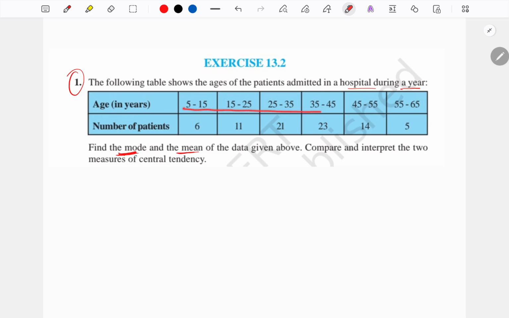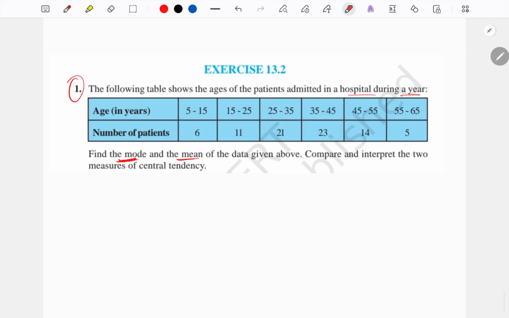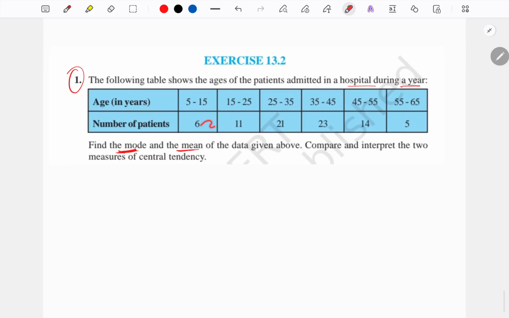See, this is the class interval. This table will be given in your questions. This is the class interval and these are the frequencies. Now to find the modal class, you check these frequencies, which is the largest one. In these frequencies this 23 is the largest one, and the class containing this 23 is called the modal class.